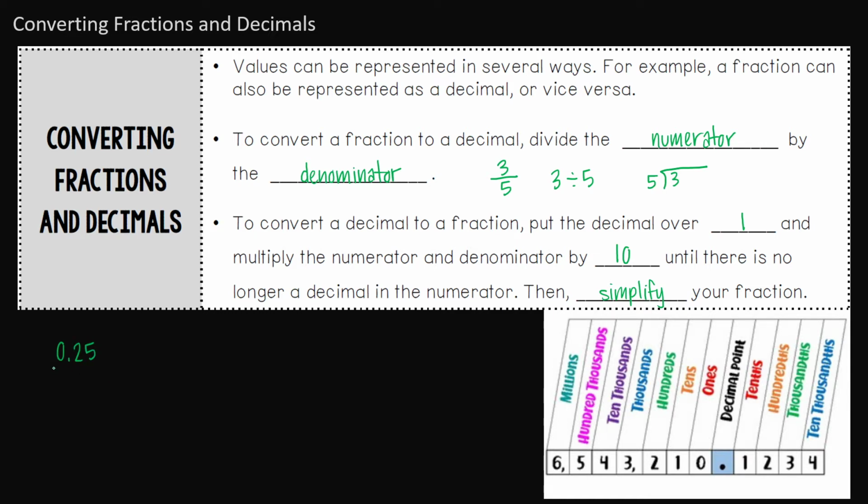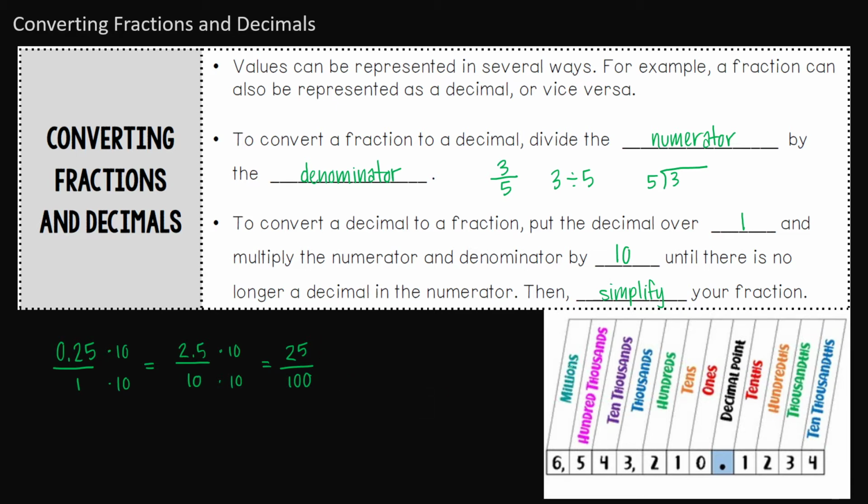I'm going to put that decimal over 1, and then we are going to multiply both the top and the bottom of this fraction by 10 until the decimal is no longer there. So when we multiply 0.25 by 10, that means we're moving the decimal place 1 to the right. So this would become 2.5 over 10, and we're going to have to multiply one more time by 10 until we get 25 over 100, and from there we would reduce that fraction.